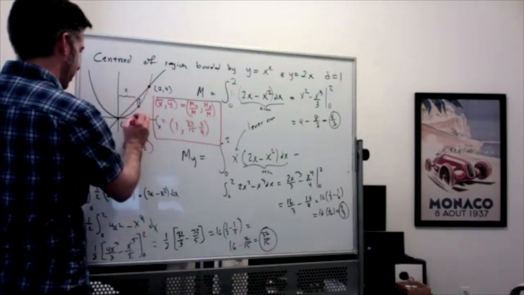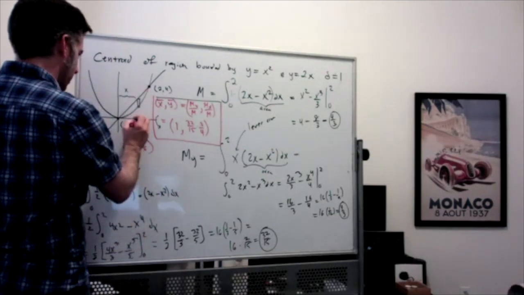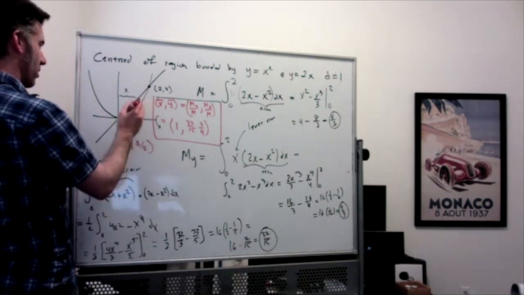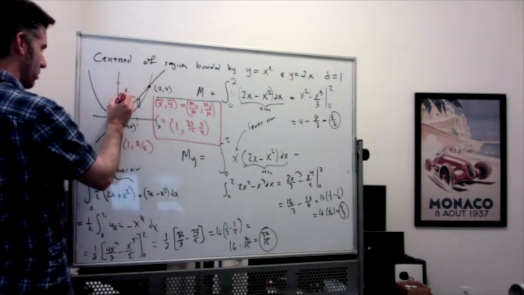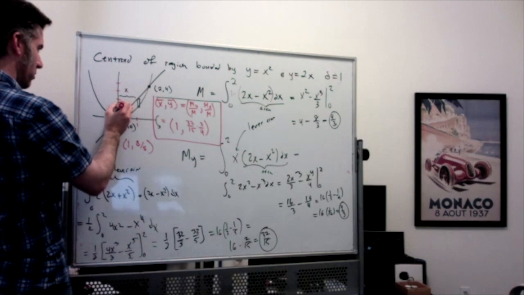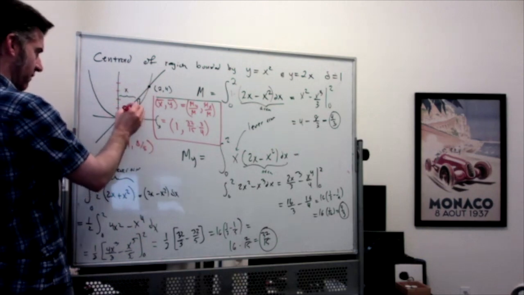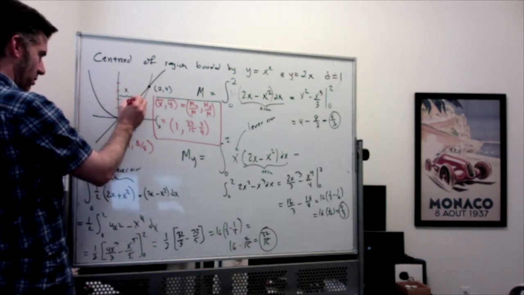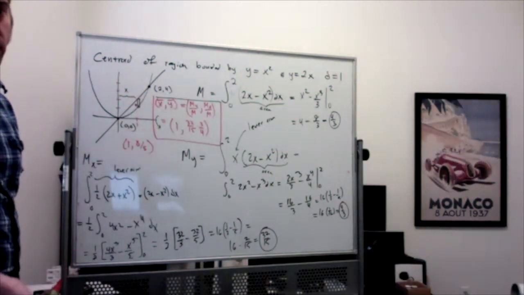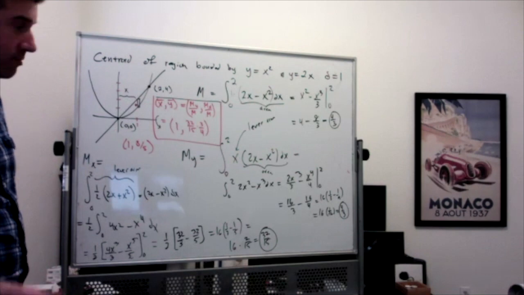So literally halfway between here and 8/5, right? 8/5 is like 1 3/5, so maybe right up there. So that's approximately where my center of mass is.